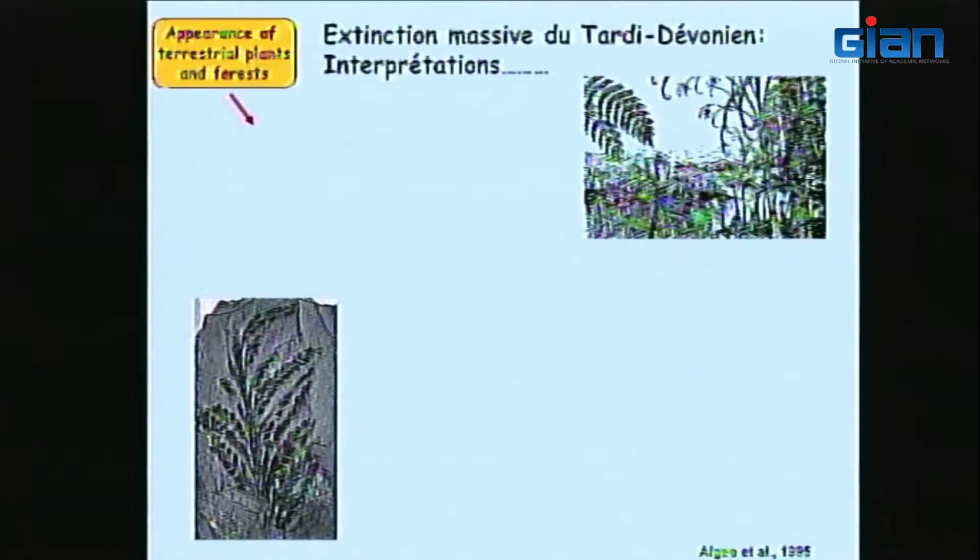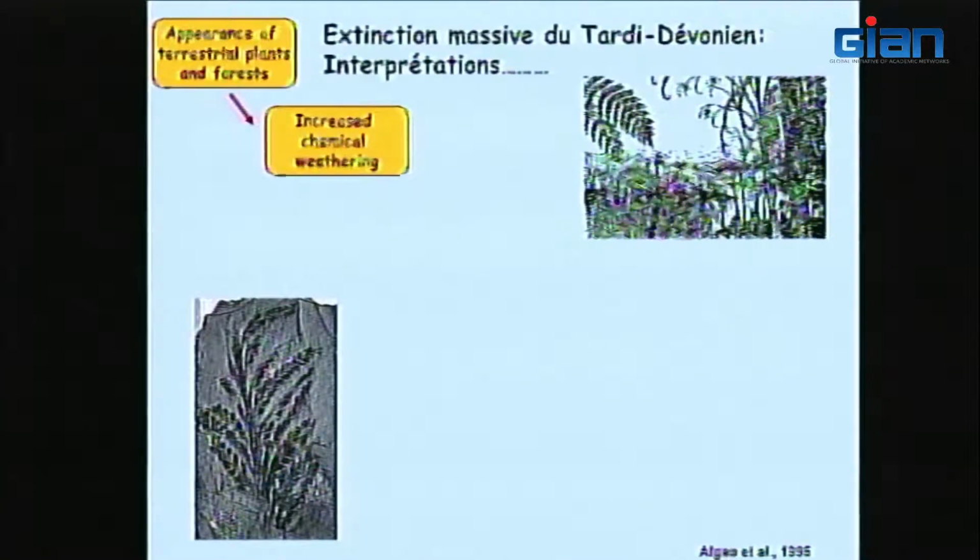And what he said, okay, we have increased chemical weathering because you have soils. And if you have soils, you have plants. It means that in the soils you have a lot of acidity which will weather the bedrock and deliver a lot of nutrients into the soils.